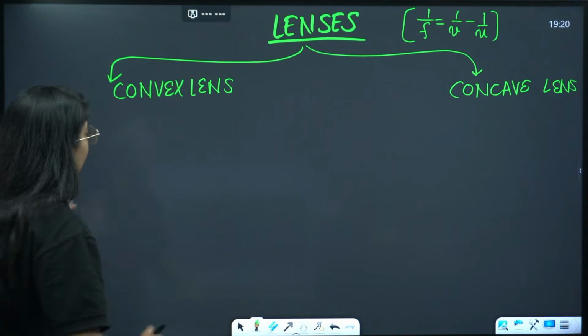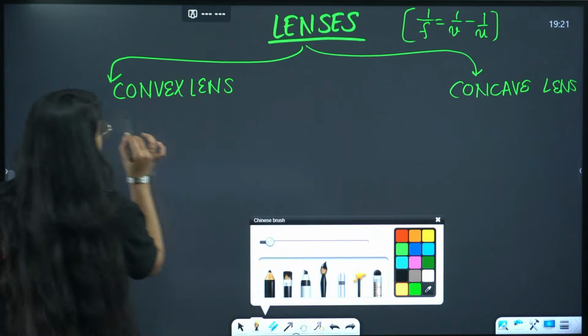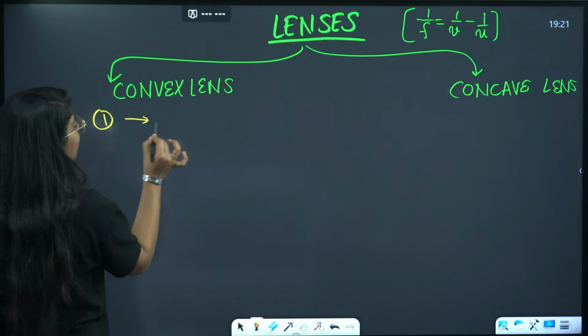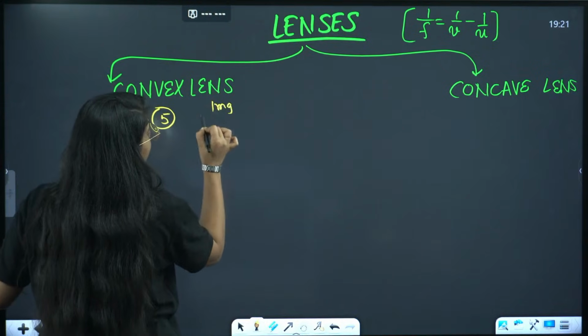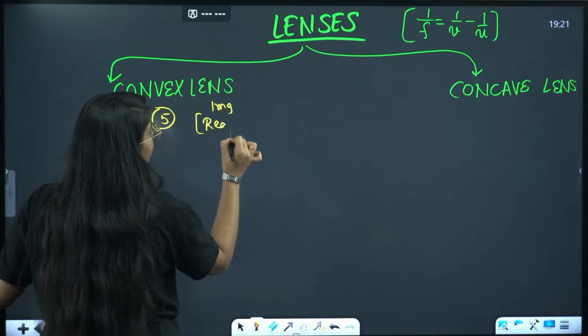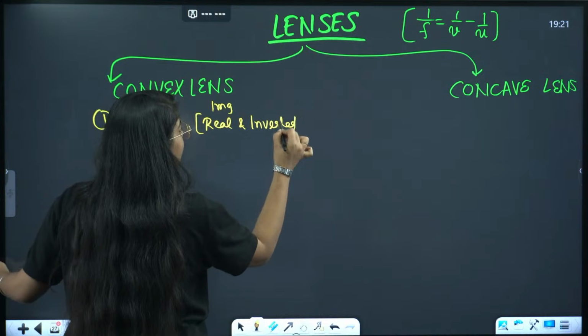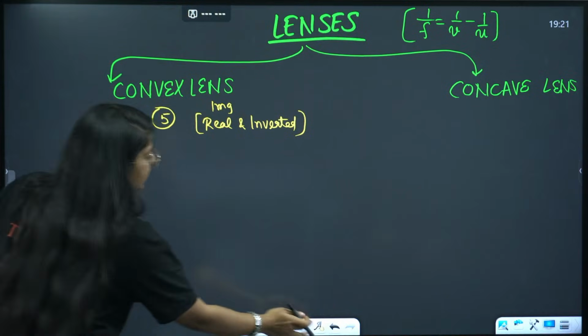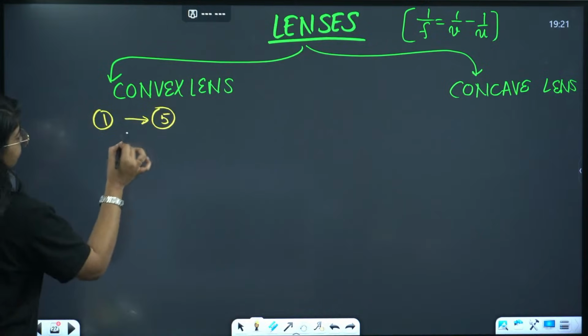Okay? Come on. So in first 1 to 5 cases of convex lens, the images are real and inverted. It is real and inverted. And in the other case, okay, not like this, so that I can also write magnification. Okay?